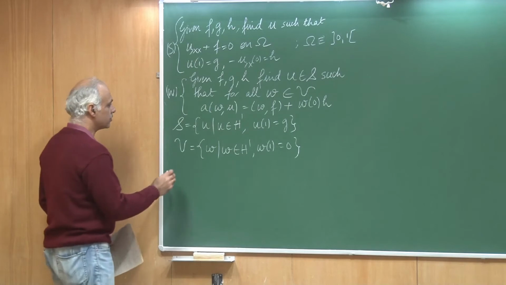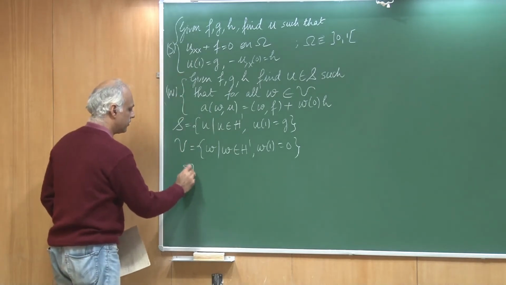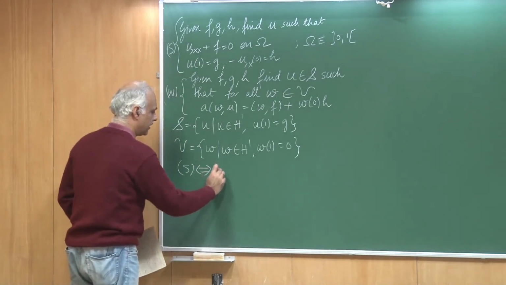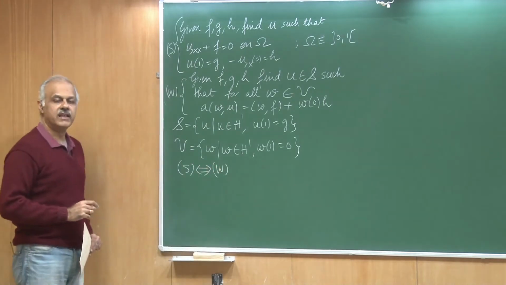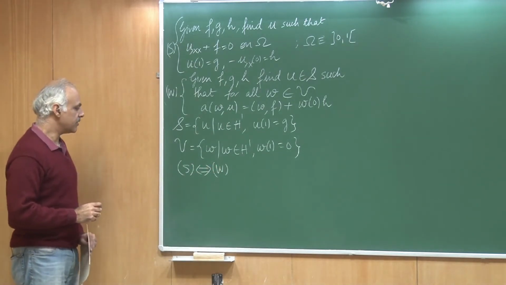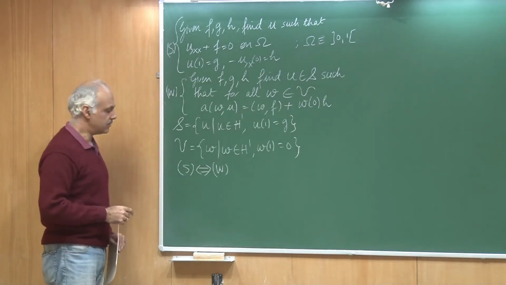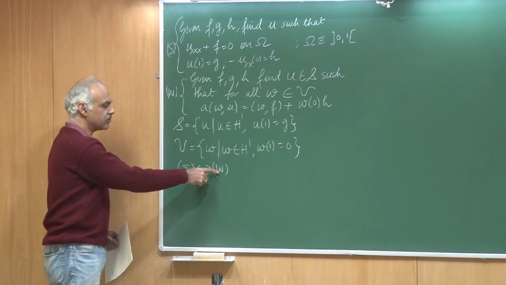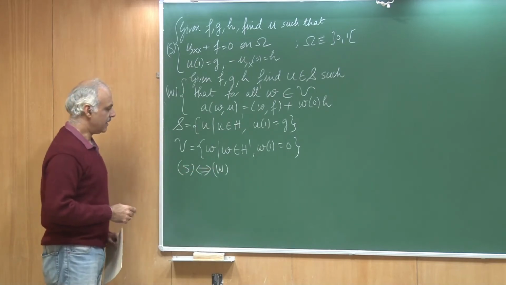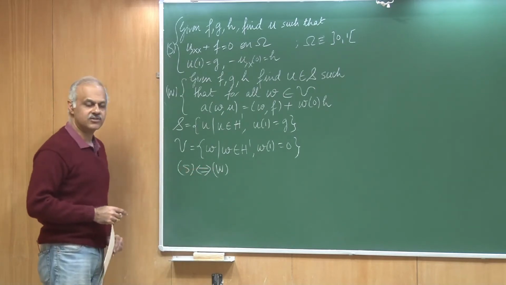And then we were able to show that the strong form and the weak form are equivalent. We can actually either get a solution to S and show that it is also a solution to W, or we can get a solution to the weak form of the problem and then show that it also satisfies the strong form.